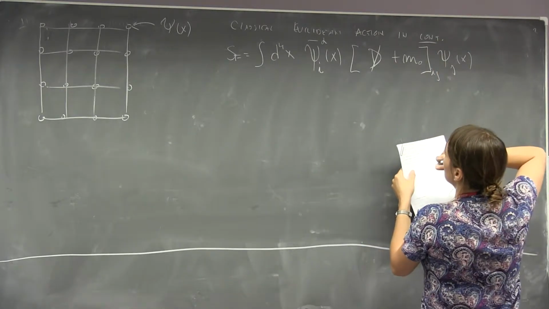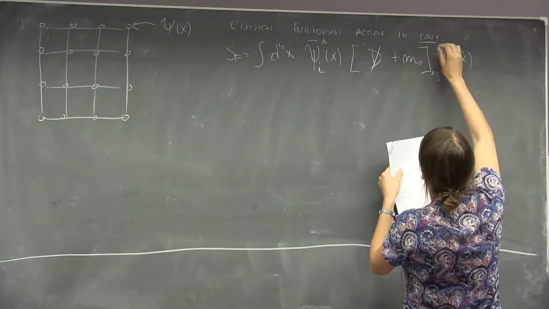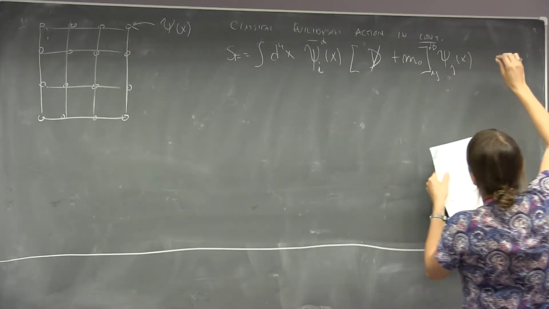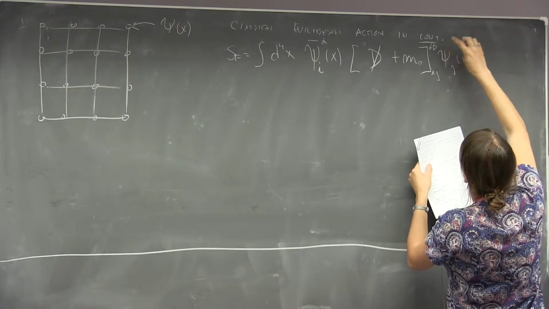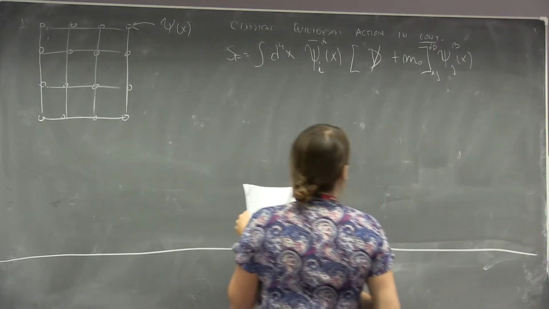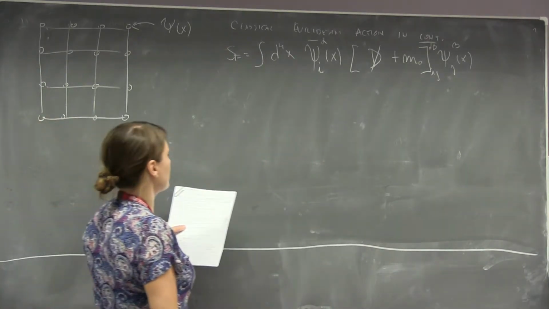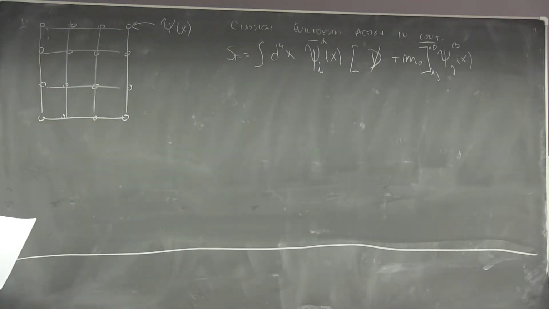So if psi bar has an index alpha, then the Dirac matrix has Dirac spinor indices alpha beta, and beta is the Dirac spinor index of psi of x.